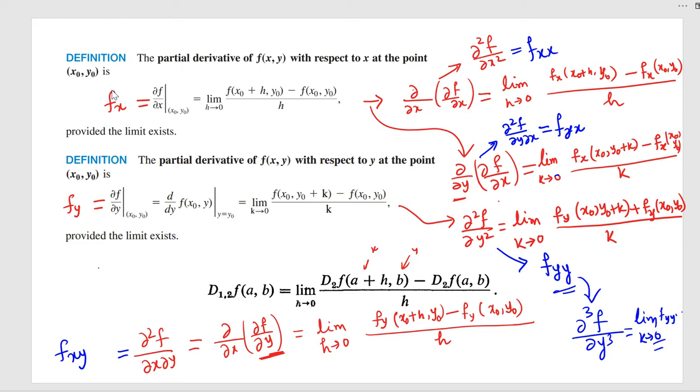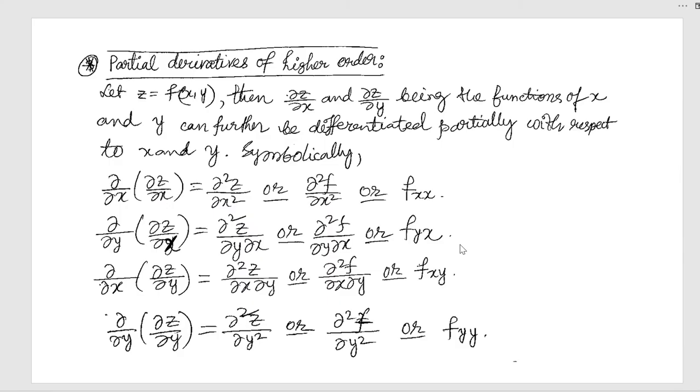So if higher order derivatives are possible, then we can define them symbolically of this form.